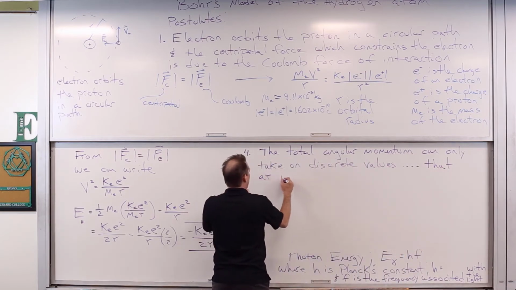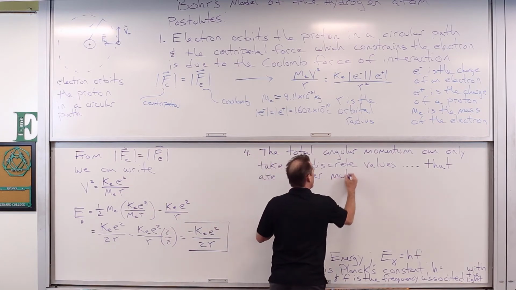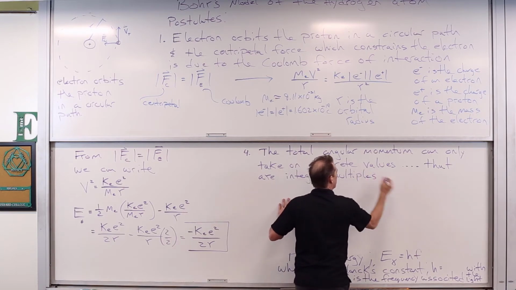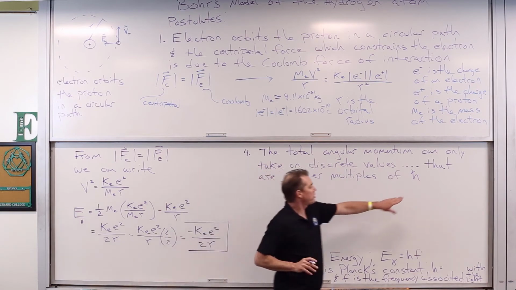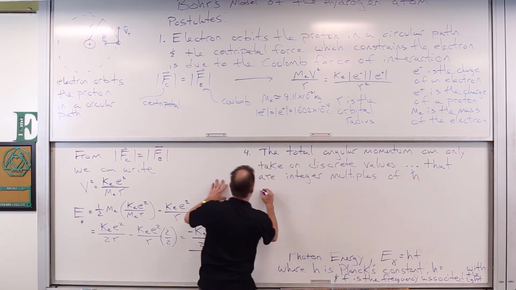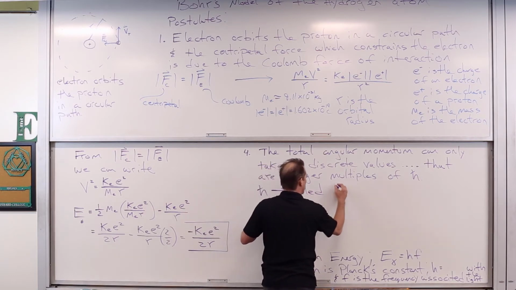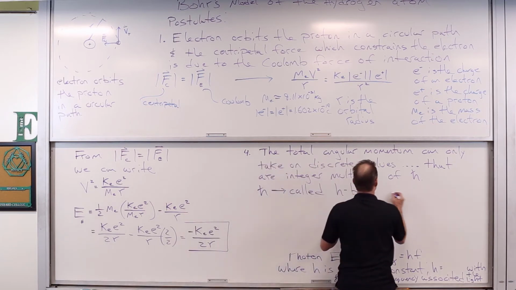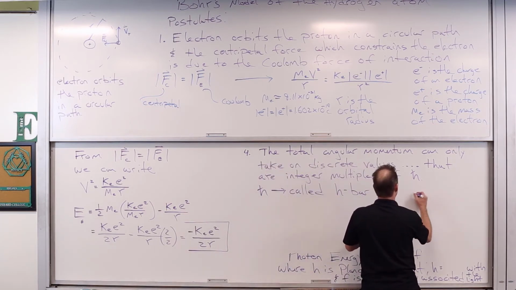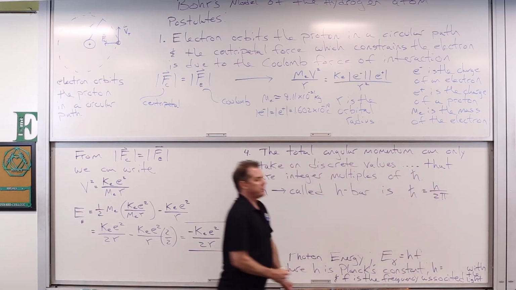That are integer multiples of this. So this is called H bar. H bar, because it's got a little bar on top of the H, is H divided by 2 pi.